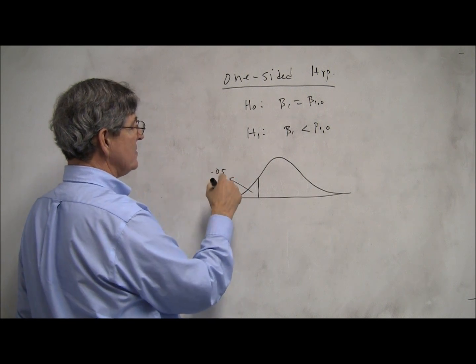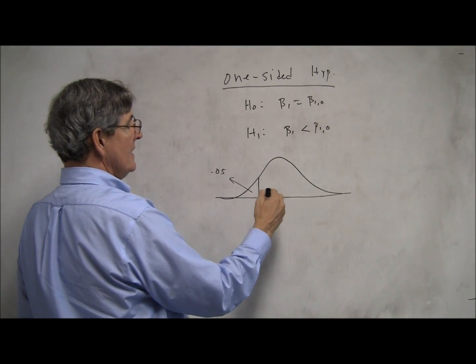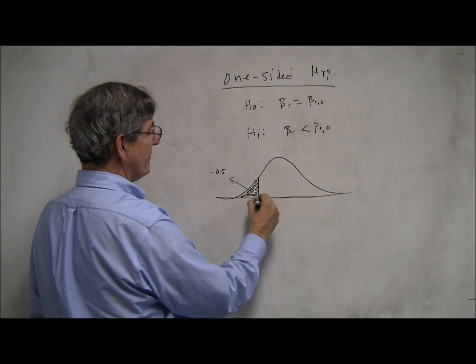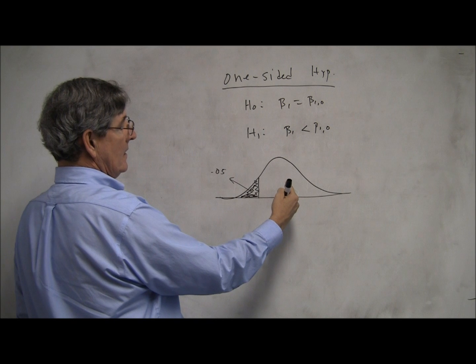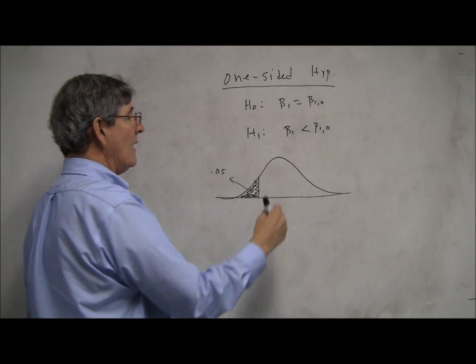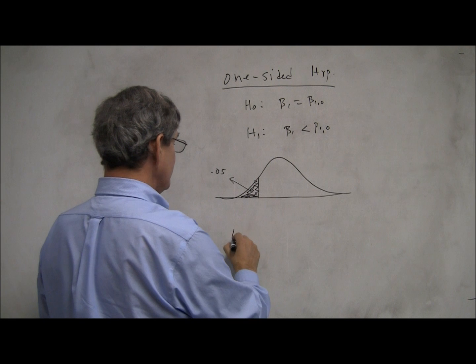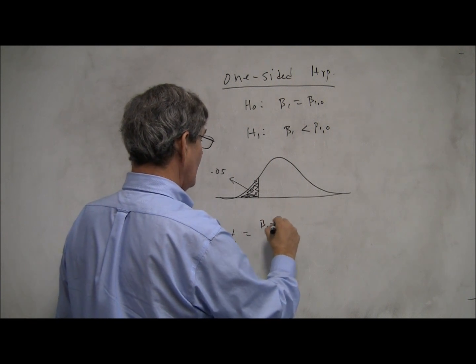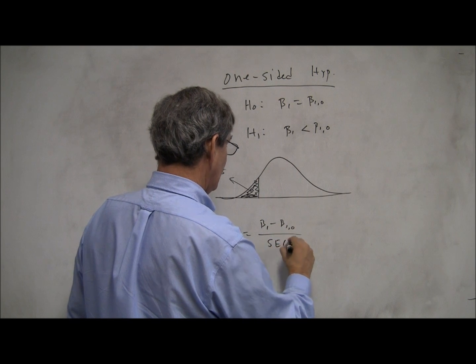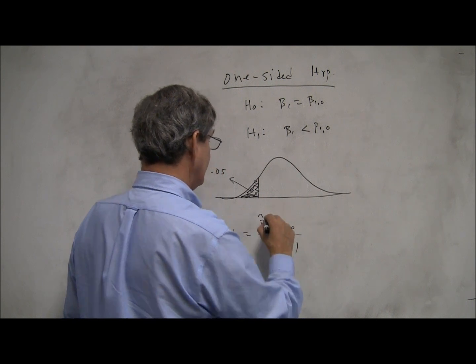Before, this was 0.025 because we were sharing it. So you wouldn't want to reject unless you had an overwhelmingly negative value for beta 1. Well, how negative should it be? Well, we just do the t: beta 1 hat minus beta 1,0 over the standard error of beta 1 hat.